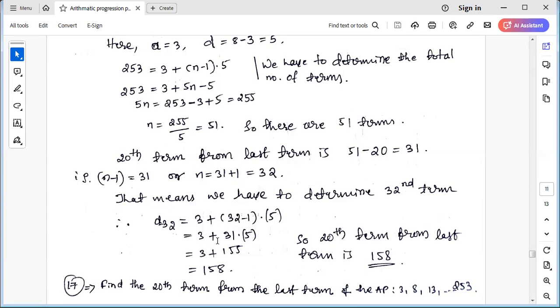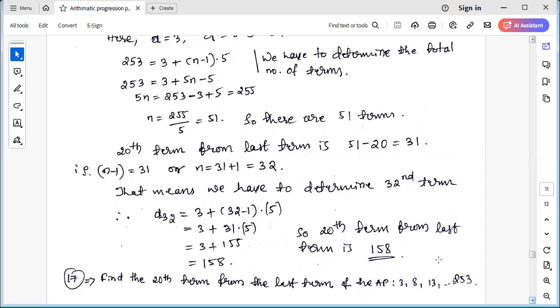So it is 3 plus 31 into 5, which is 3 plus 155, that is 158. So the 20th term from the last term has the value 158. The problem is solved. This is the 17th problem.